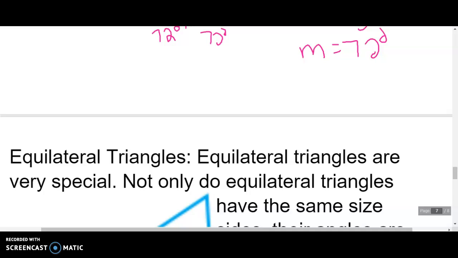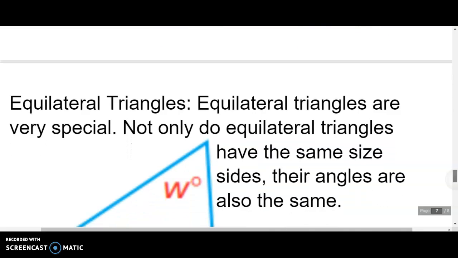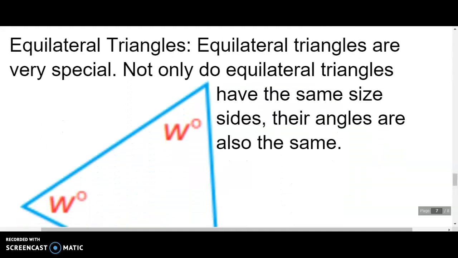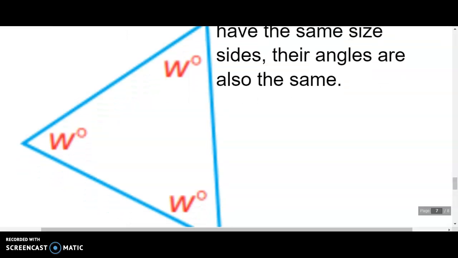Finally, the last thing I want to talk about before I let you go on and do the IXL is equilateral triangles. Equilateral triangles are extraordinarily special. Not only do equilateral triangles have the same length sides, but their angles are also the same. So we do know that any equilateral triangle has all three sides the same.